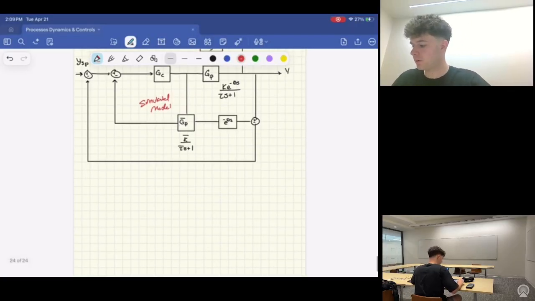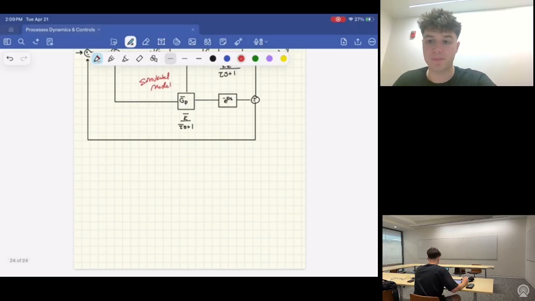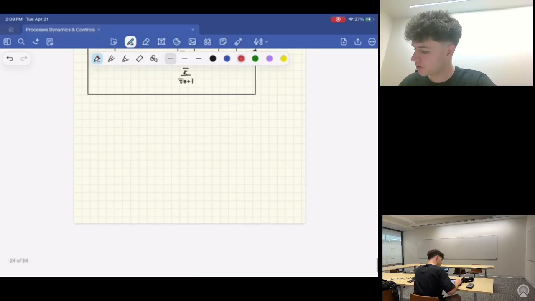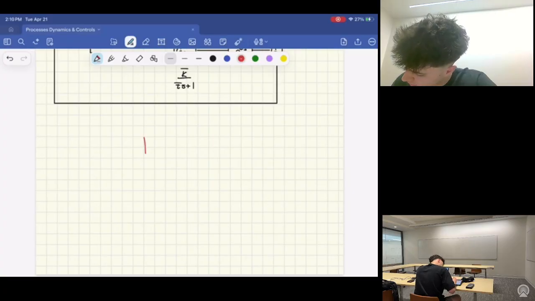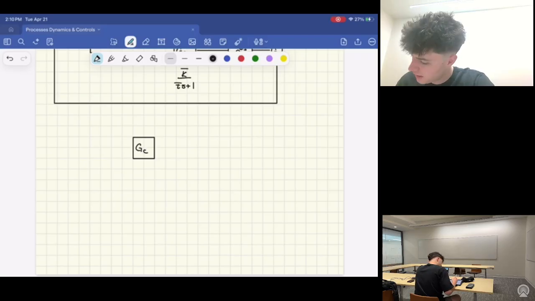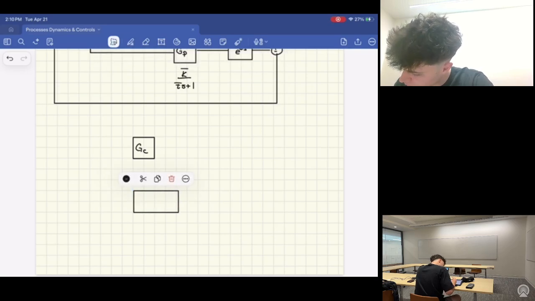Now the second part of this is going to be actually deriving an equation. To do this, we're going to redraw a lot of this. Again, we have this square here, which we will label as GC. And then down here, we're going to have another, and we're going to make this one bigger just so I can write more in it.